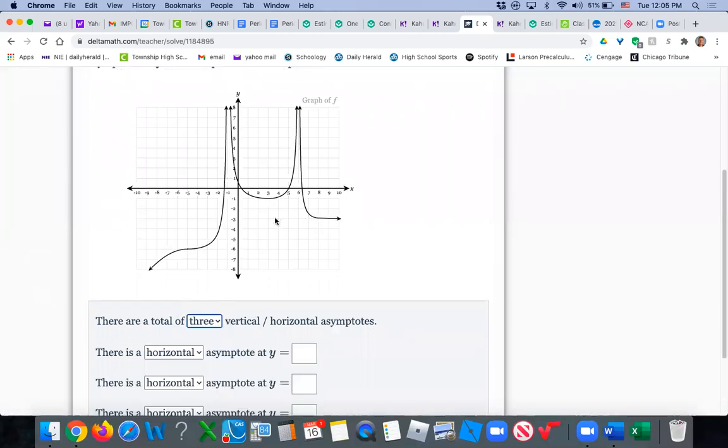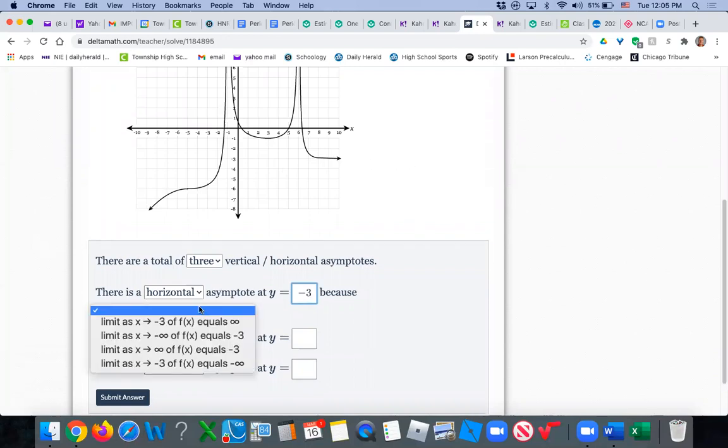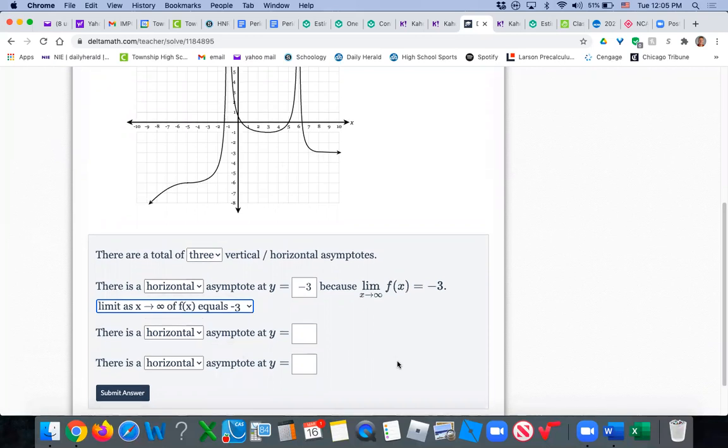I'll do the horizontal one first. I just find those easier. So horizontal asymptote at y equals -3, because as x goes to infinity, my y's go to -3. So as x goes to infinity, my f of x, or my y's, go to -3.